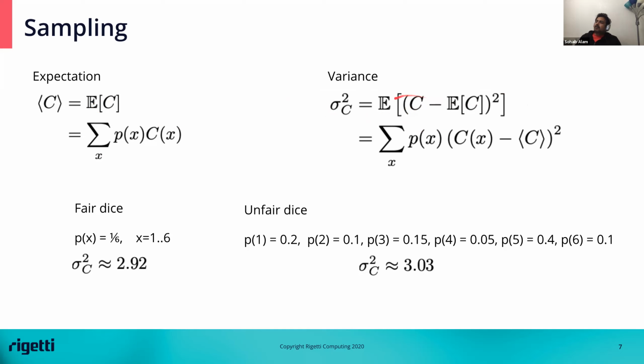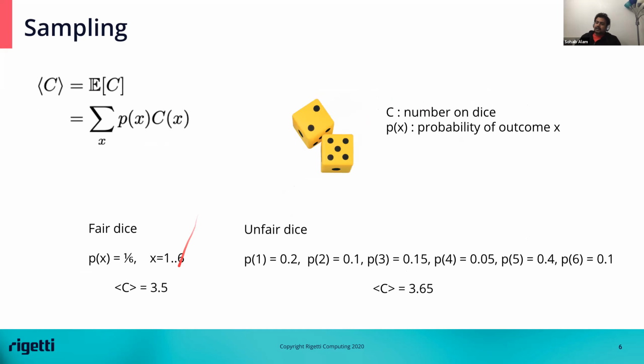So we're saying that this is the average value of that random variable itself, right? C minus that average value squared gives you some sense of how much it deviates away from the average. In our fair dice example, 3 and 4 are closer to the average value, whereas 6 and 1 are much further apart, right?